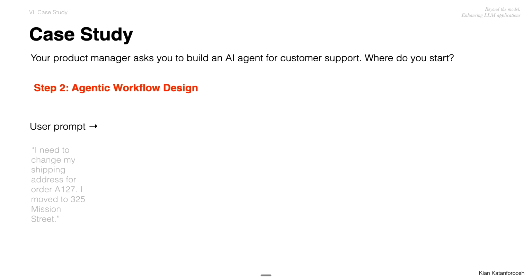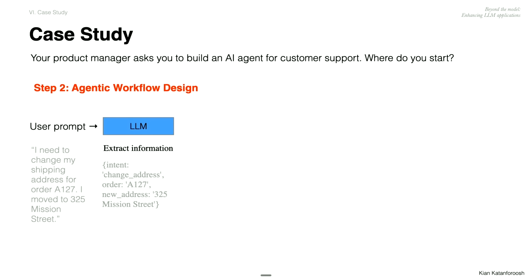You might actually draft it and say, okay, I take the user prompt, and the first step of my task decomposition was extract information. That seems to be a vanilla LLM. You can guess that the vanilla LLM would probably be good enough at extracting that the user wants to change their address, and this is the order number, and this is the new address.